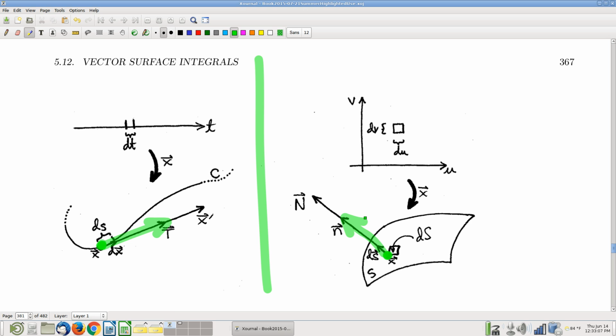In both cases, we compute that by way of a vector that comes from derivatives of the parameterization. In the case of line integrals, we're looking at the derivative, right? Velocity vector, which points in the direction of the tangent vector. In the case of surface integrals, we're talking about this capital N, which doesn't look like a derivative, but remember where it comes from. It's x_u cross x_v, those vectors participating in the cross product being derivatives.